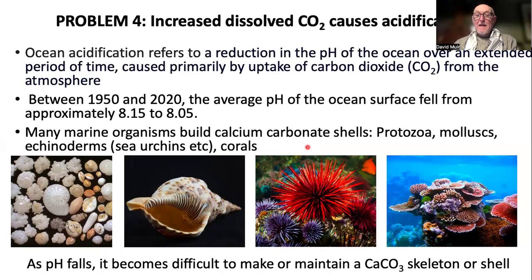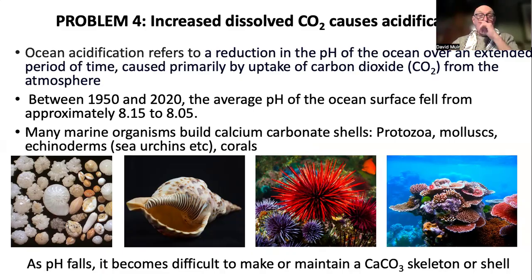Many organisms, microscopic organisms, these are little amoeba kind of things which build a shell called foraminifers, mollusks, echinoderms like sea urchin, that sort of thing, and of course the corals. These all depend on a calcium carbonate skeleton or shell.